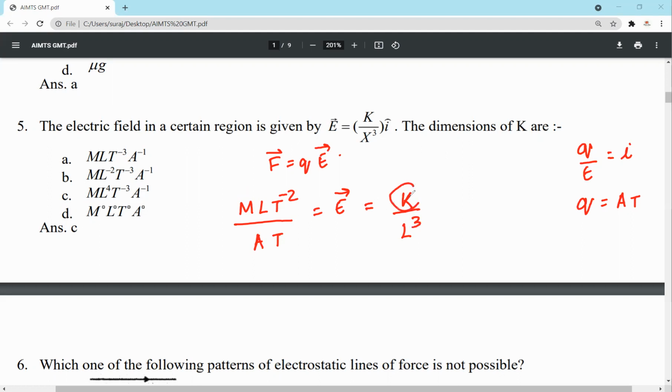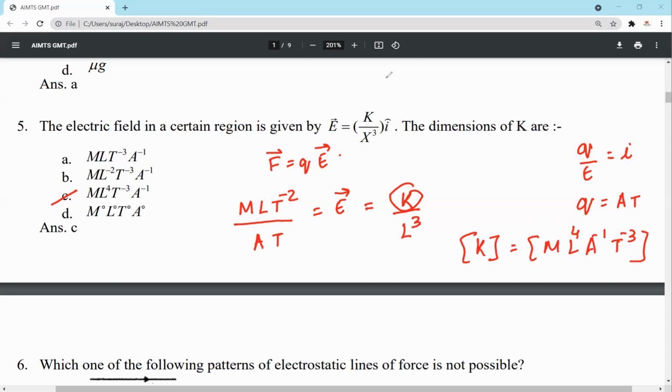I want the K dimension. The dimension of K will be M L power 4 A minus 1 T minus 3. Option C.